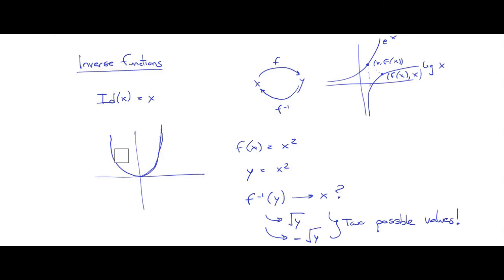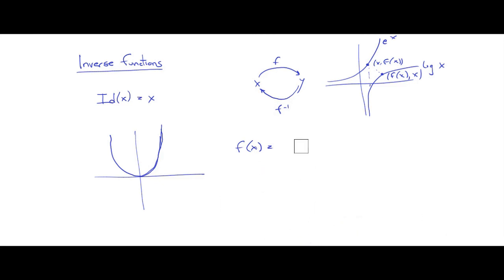When you have a function like this, this is when functions are not injective. Then you have to restrict the domain of the function whose inverse you need to compute.